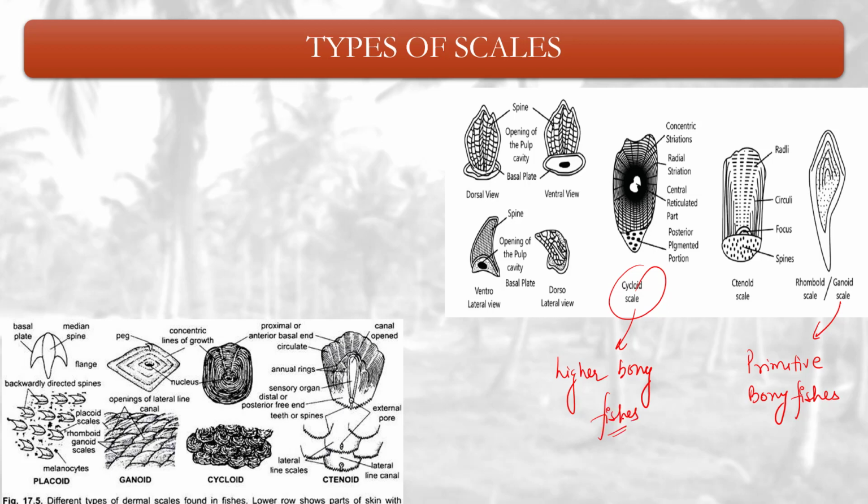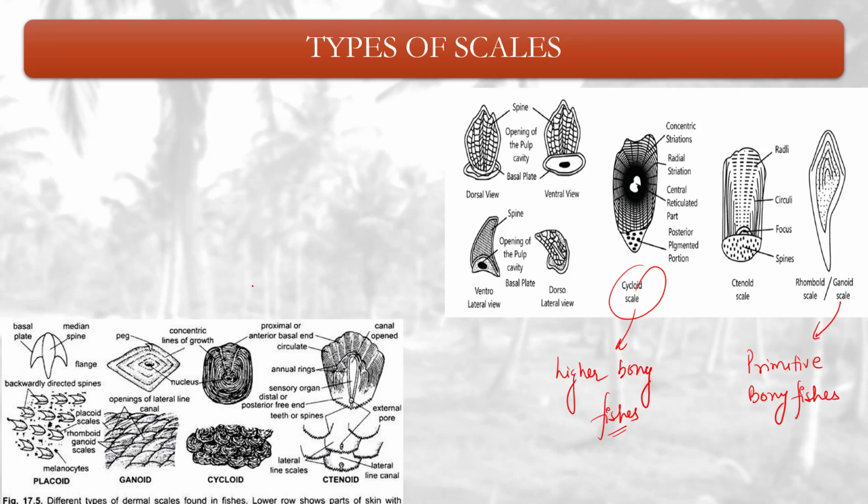In higher bony fishes, examples are carps, lungfish, and primitive bony fishes, connecting link, sorry, Polypterus, Acipenser. Polypterus and lungfish are considered to be connecting links between the bony fishes and amphibians. Okay, lungfish, right? Now, these are different types of scales you can see.